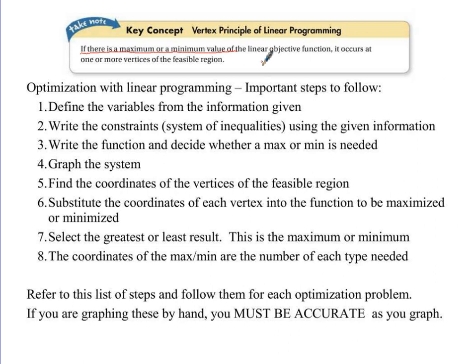So if I'm looking for the maximum or the minimum, I'm looking only at vertices of the feasible region. That's why you need to label your vertices. Figure out what they are. You'll see how to work with that in a minute, but this is the key idea here that you absolutely have to know. All right, so here is how to do optimization with linear programming. The linear programming part is coming up with those constraints.